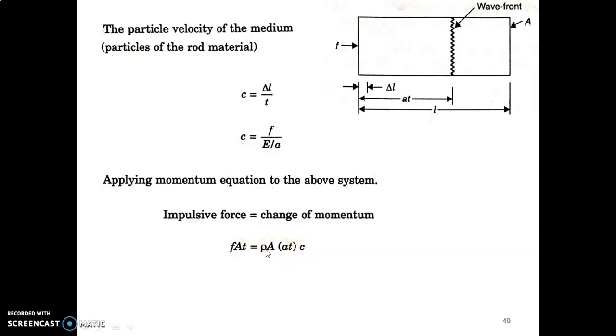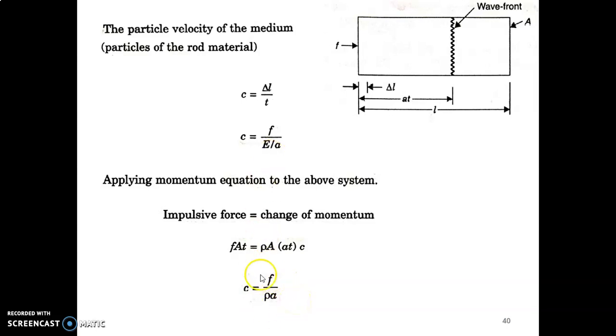Density is mass per volume, so the volume cancels and we have mass into velocity. That is momentum. Therefore, impulsive force is equal to change of momentum, and from this relation we get c is equal to F by rho a.